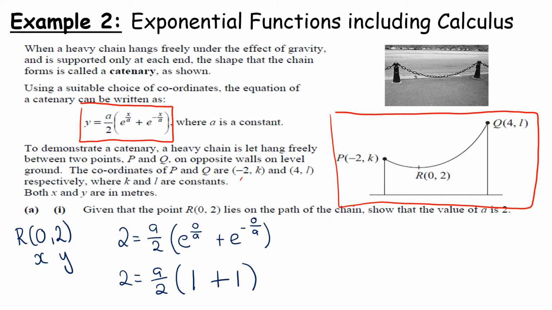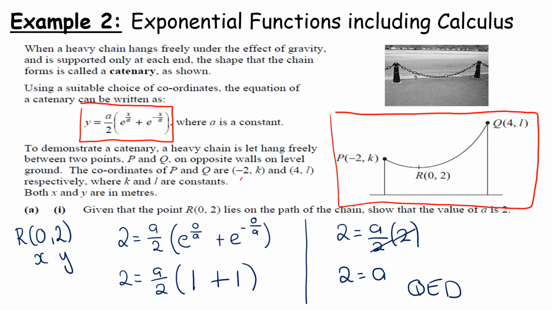It doesn't matter that there's still an a in that power because 0 divided by a is still 0. So when we work that through, we end up with 2 is equal to a over 2 times 2, which just gives us 2 is equal to a, because 2 on the top and 2 on the bottom cancel each other out. This is exactly what we want, QED. So all that was required here was actually some substitution.